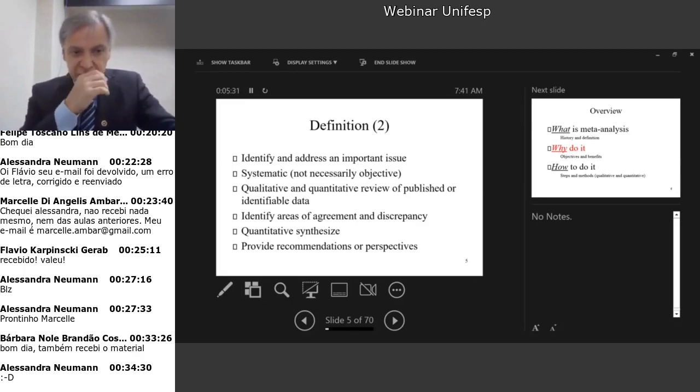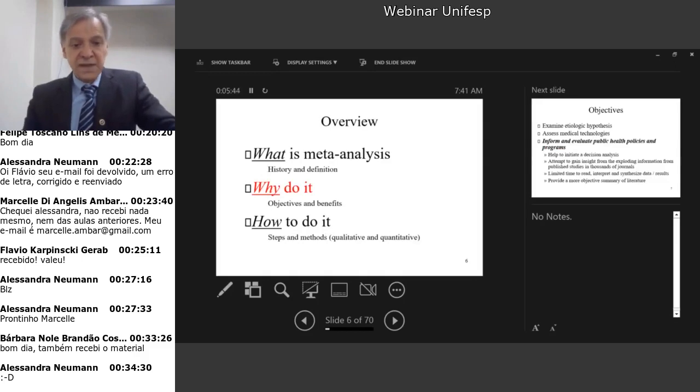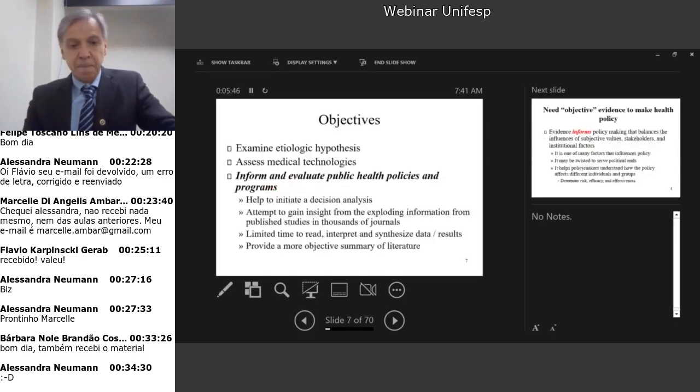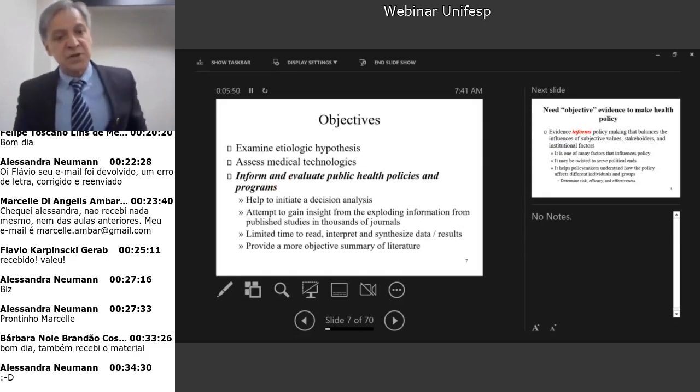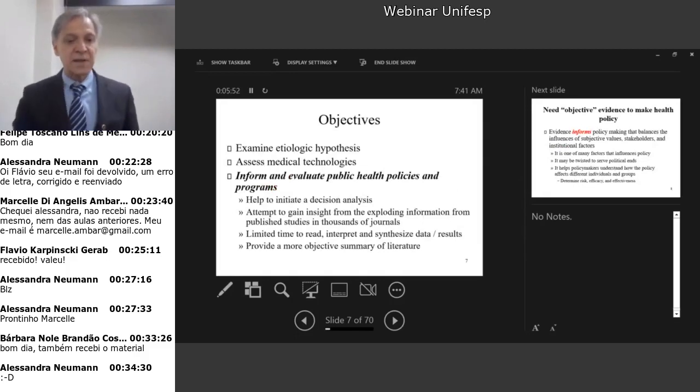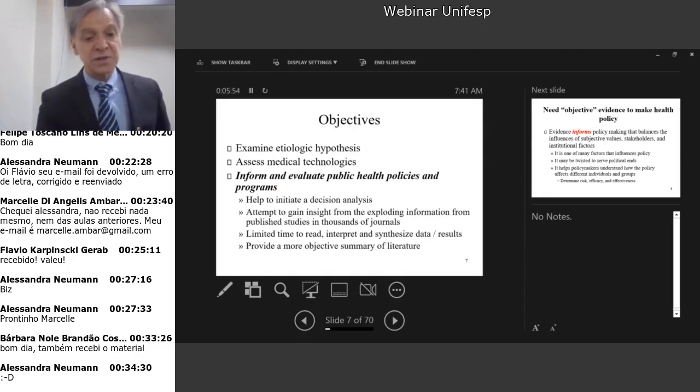Identify and address important issues, systematic, qualitative, identify areas of agreement and discrepancy, quantitative, synthesizing issues, providing a recommendation of perspective. So what it is, why we do it, how we do it. So objectives: examine etiological hypotheses, we discussed that already. Assess medical technologies.